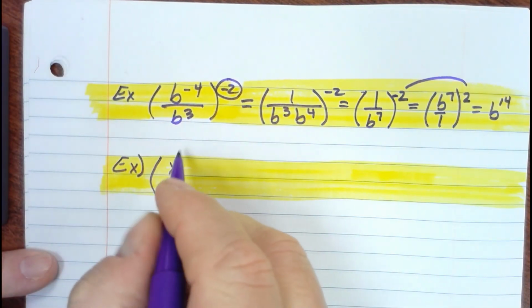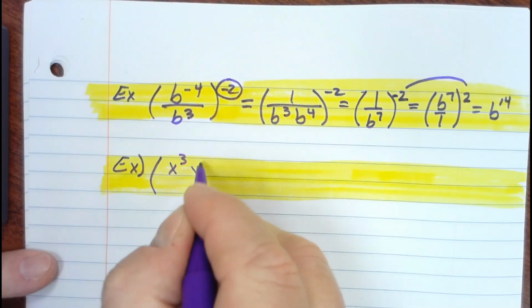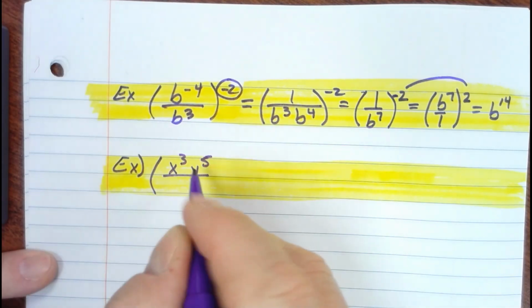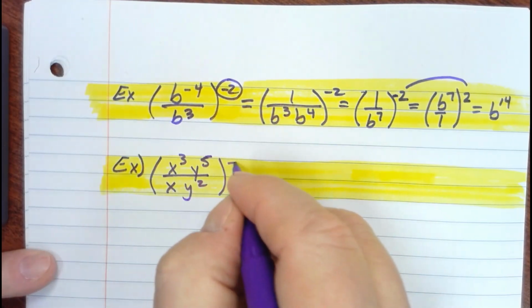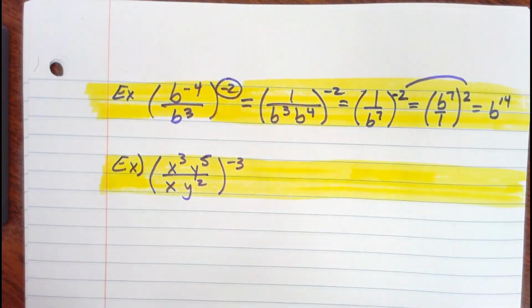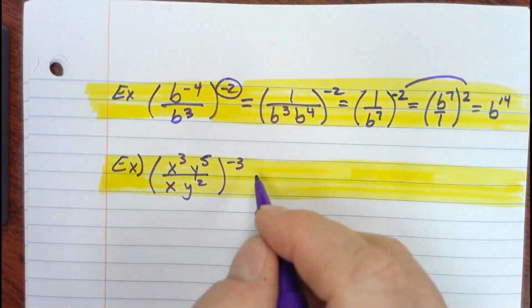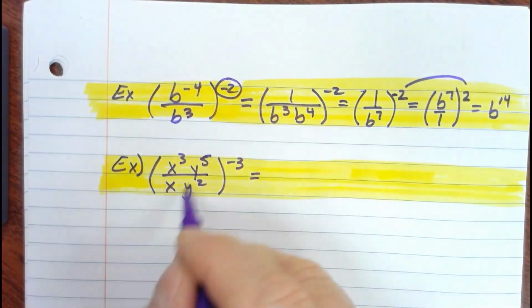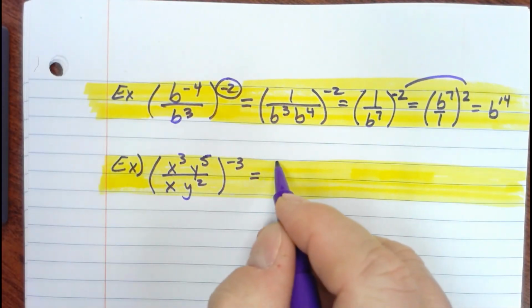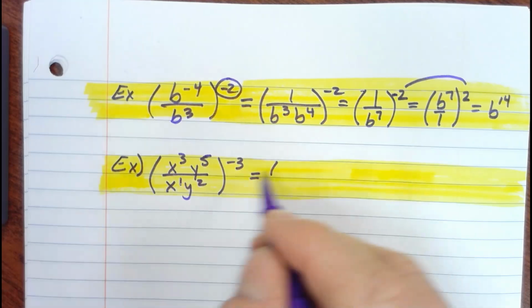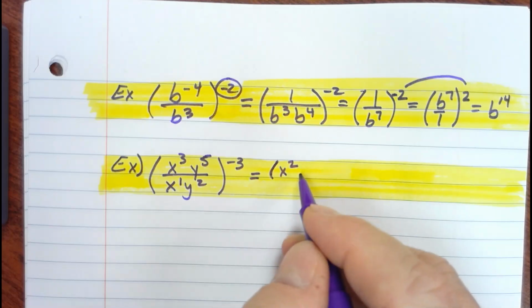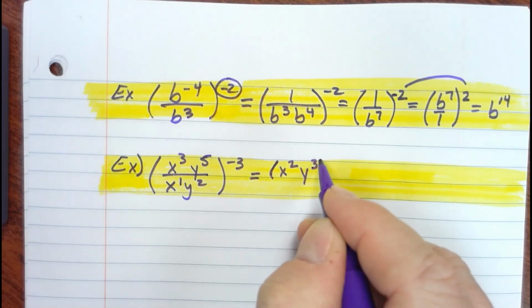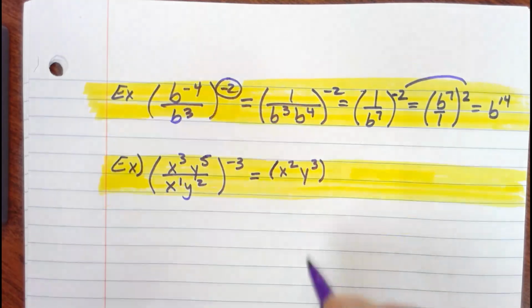Here is the last example. Raising this to the negative 3 power. Again, doing what's inside. When I compare the x values, I have 2 more in the numerator, 2 more x's, and I have 3 more y's in the numerator.